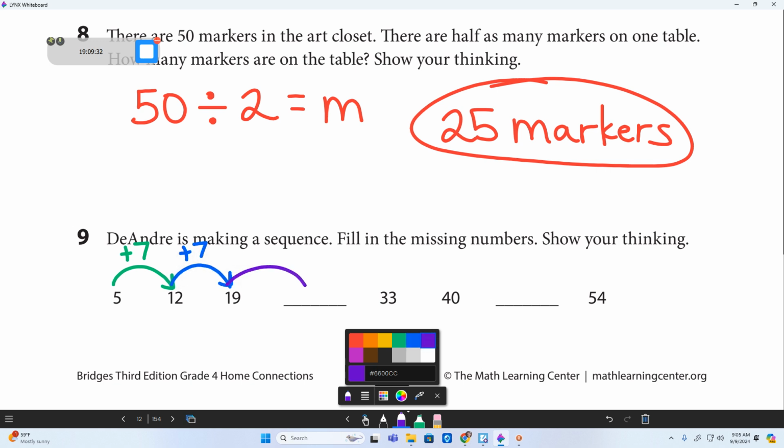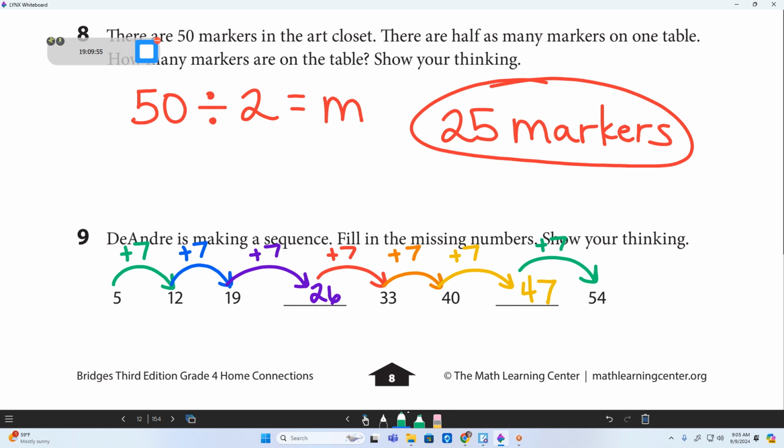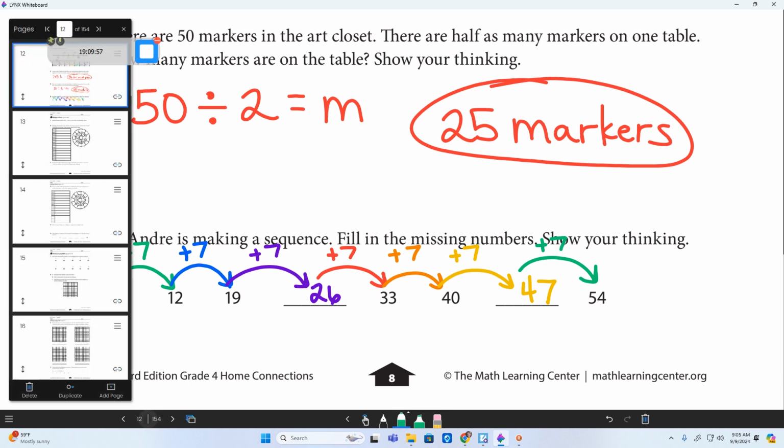Yes. 19 plus 7 is 26. 26 plus 7, does that equal 33? It does. 33 plus 7 is 40. 40 plus 7 is 47, and I'm sure it will work for the last one. 47 plus 7, does that equal 54? It does.